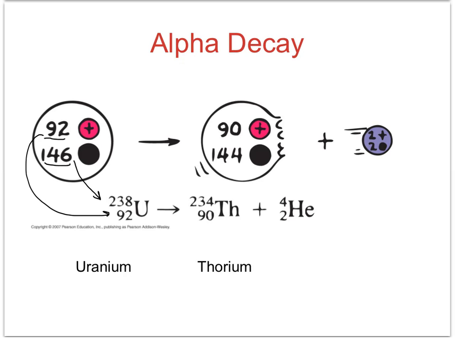When we release the helium nucleus, once again you can see that's on the right hand side, you will see that the atomic number decreases by 2 and the entire mass number will decrease by 4. 2 are being removed from the protons, and 2 from the number of neutrons, as we have 144 neutrons. That's really not that important because that totals up to 234.